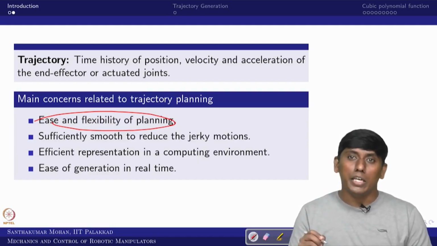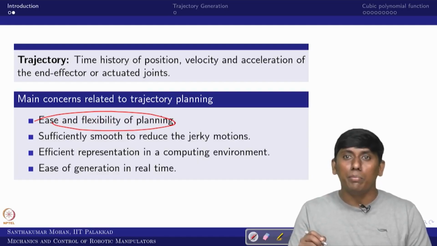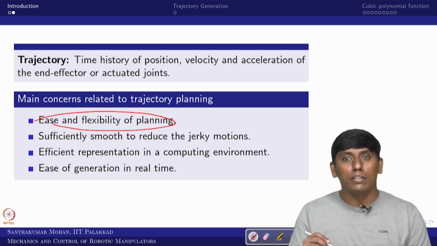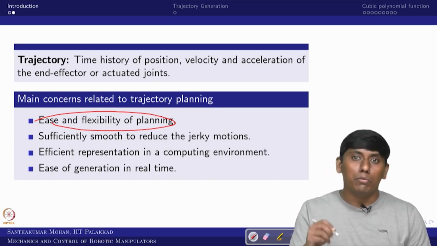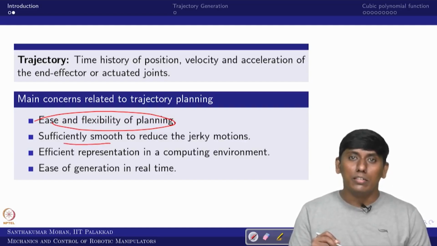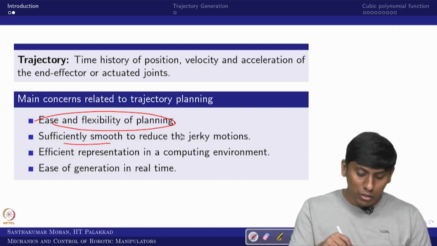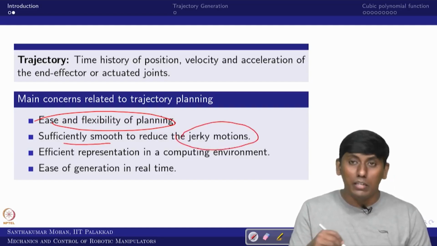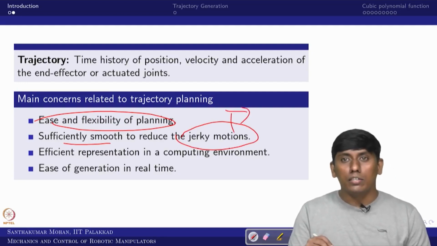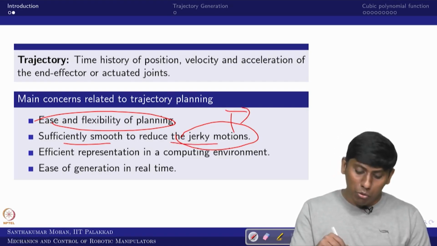However, with an experienced driver, you would not experience any jerk when the car starts moving. That is what you call a smooth trajectory. So your trajectory should be smooth so that you can avoid jerky motion. Invariably it will reduce the cost of the overall system, and a long life of the actuator will come. Okay. So that is the whole idea.